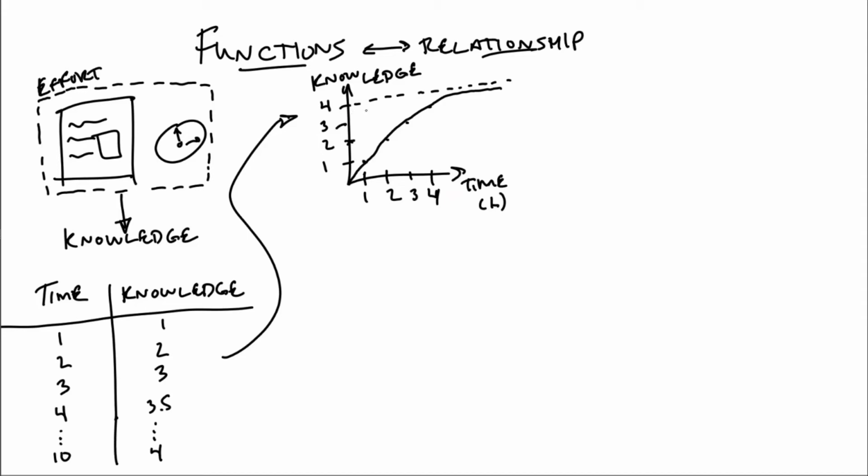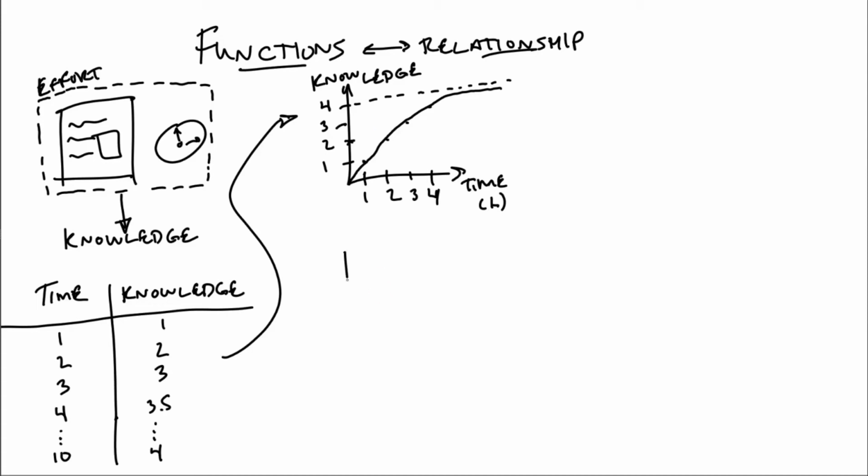So people often use the vertical line test, which is if I draw a vertical line through the graph, in no place would it cross the curve in more than one spot. So here we can see it crosses the curve in one spot, and no matter where we put it, it wouldn't cross more than once. So it is indeed a function.